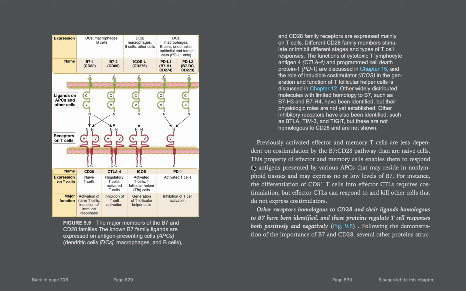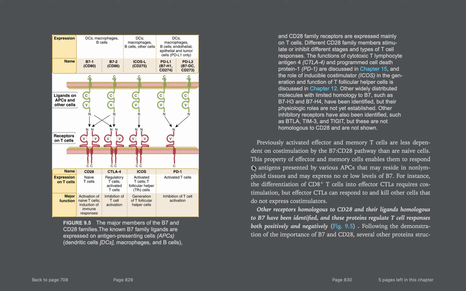The function of cytotoxic T lymphocyte antigen 4, CTLA4, and programmed cell death protein 1, PD1, are discussed in chapter 15, and the role of inducible costimulator ICOS in the generation and function of T follicular helper cells is discussed in chapter 12.